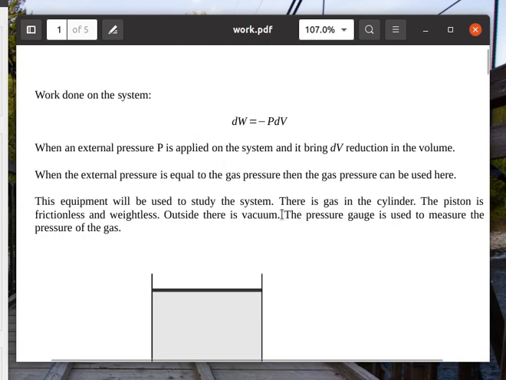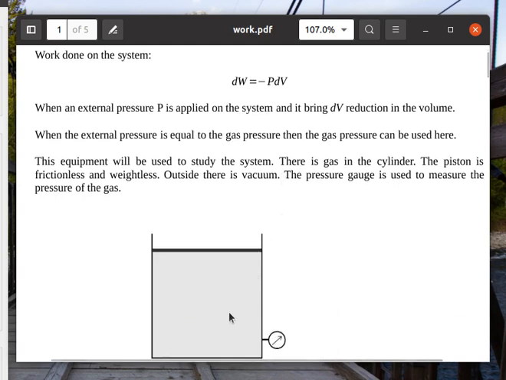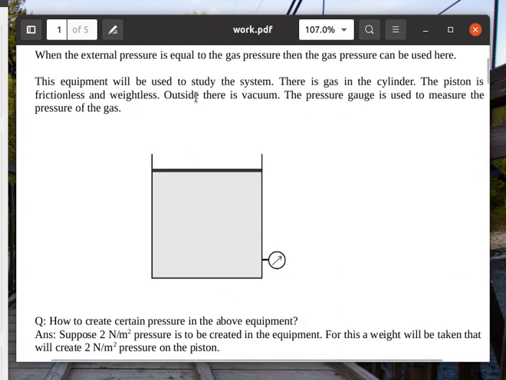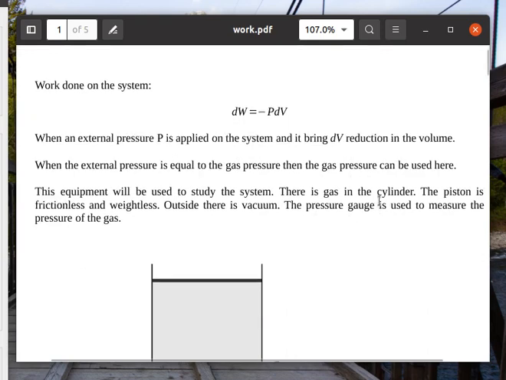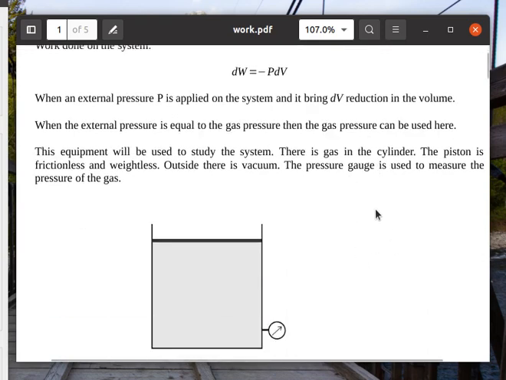I am showing you this figure, if you are applying a force or pressure from here, and your force is equal to the gas pressure, it is not some other external force, then you can take the gas pressure equal to the external pressure. You will understand this in the later part of this lecture.